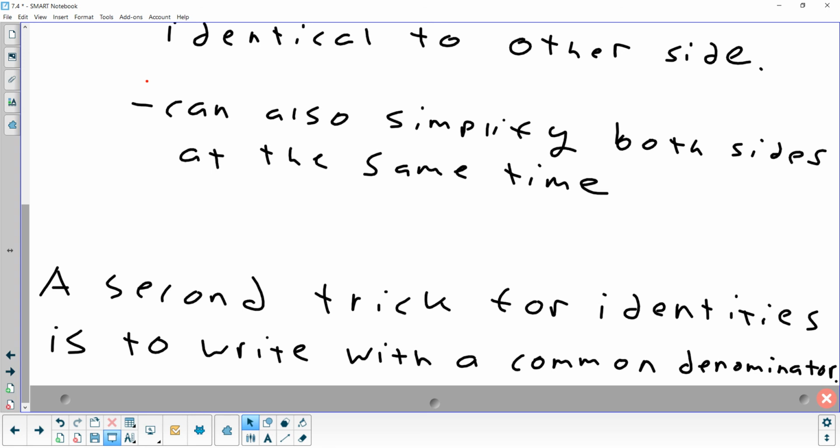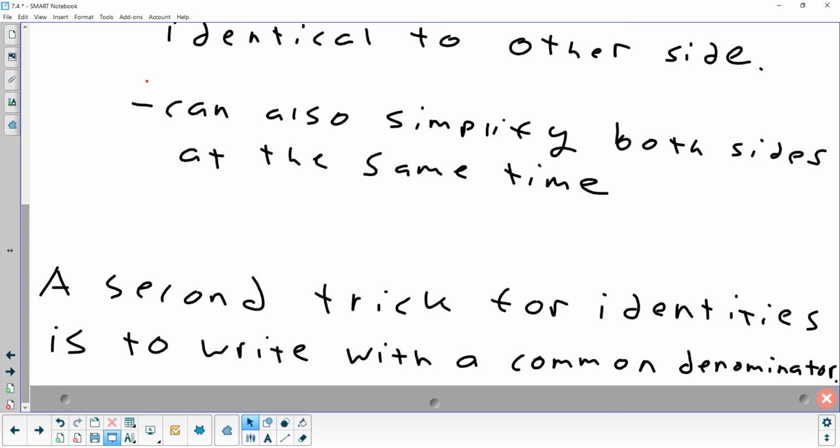And that will usually make something nice happen. I'm just kind of introducing these tricks as we go. I'm not saying every problem is going to use every single trick I give you. But when we do the next problem, something like this might come up. Finding a common denominator did not come up in the first two we did. Didn't need that.